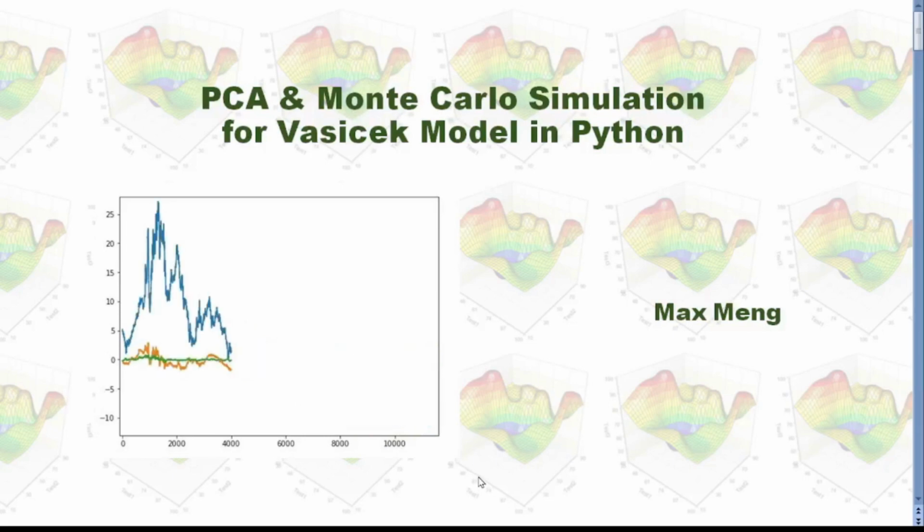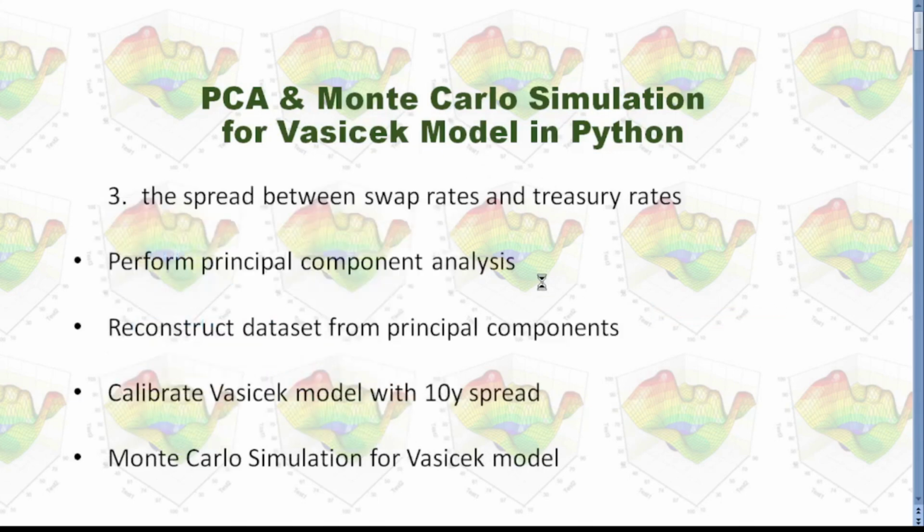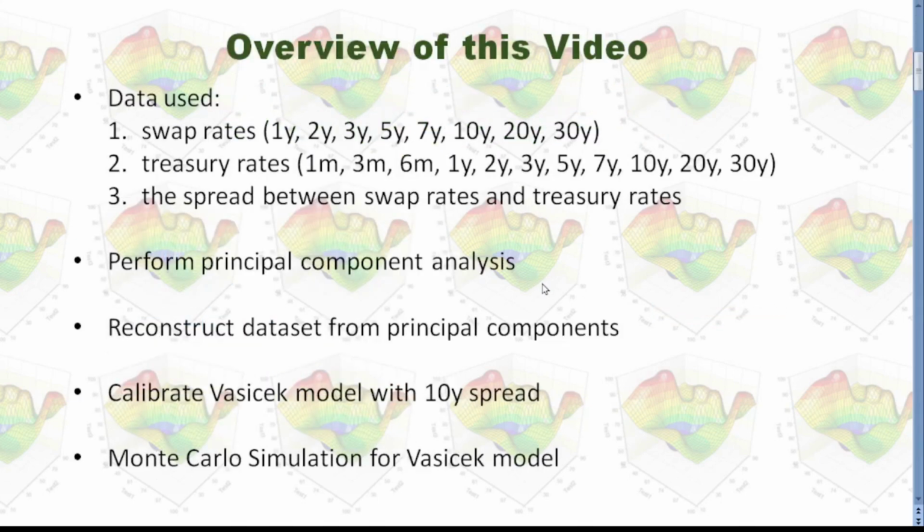This time, I'm going to talk about PCA and Monte Carlo simulation for Vasicek model in Python. In this video, I will use swap rates, treasury rates, and the spread between swap rates and the treasury rates as my input data.